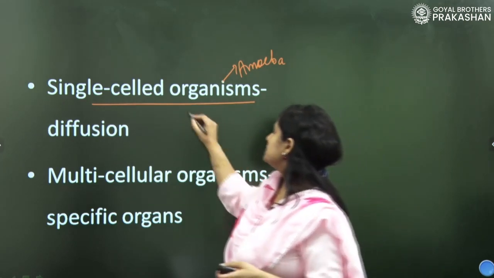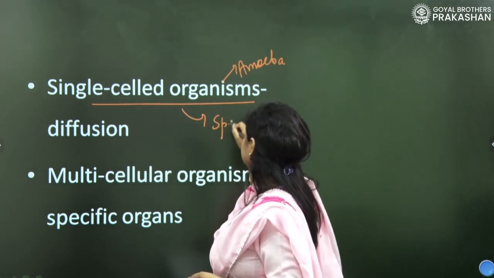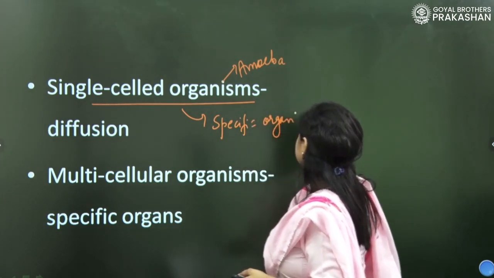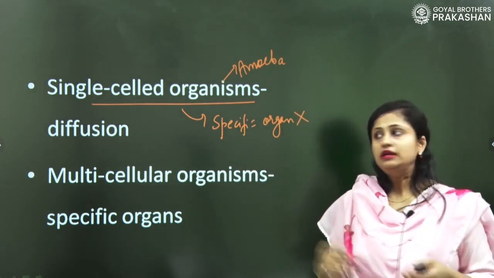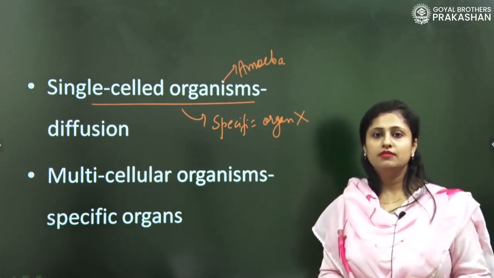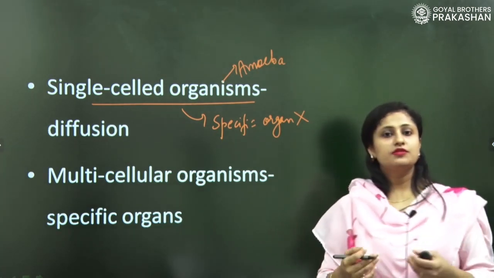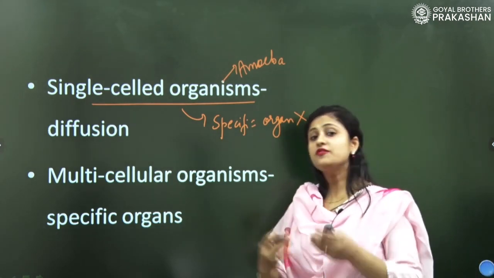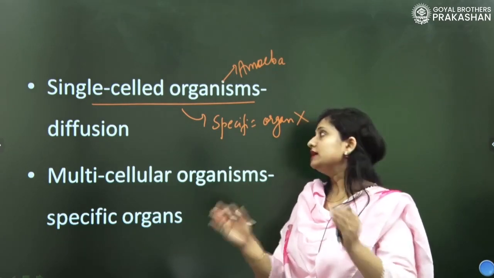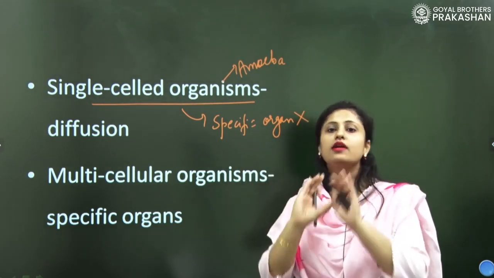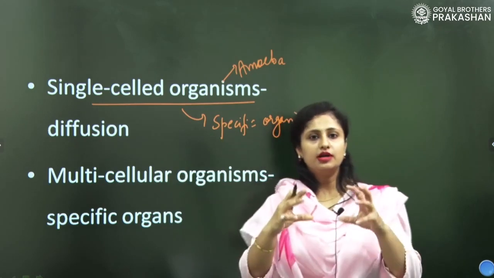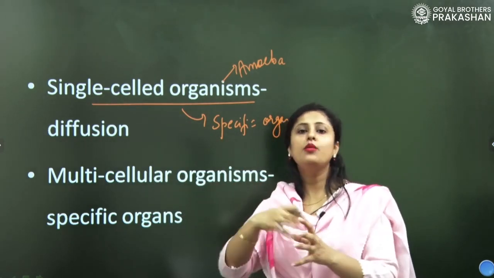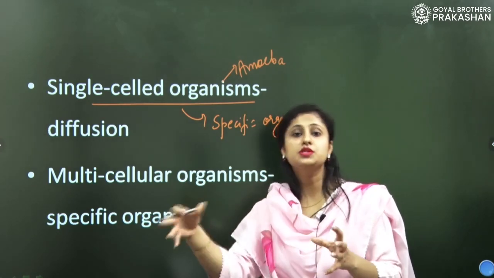There is no specific organ present to carry out the process of nutrition, respiration, transportation, or excretion. Because they are single-celled organisms, their body surface is in contact with the surrounding atmosphere.